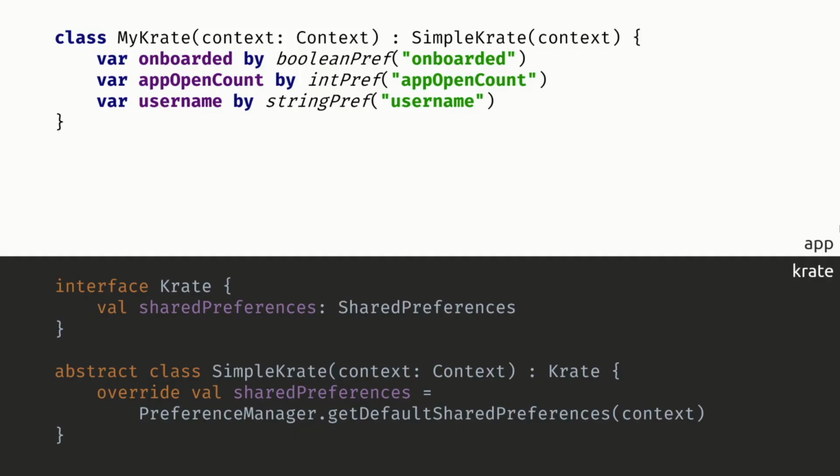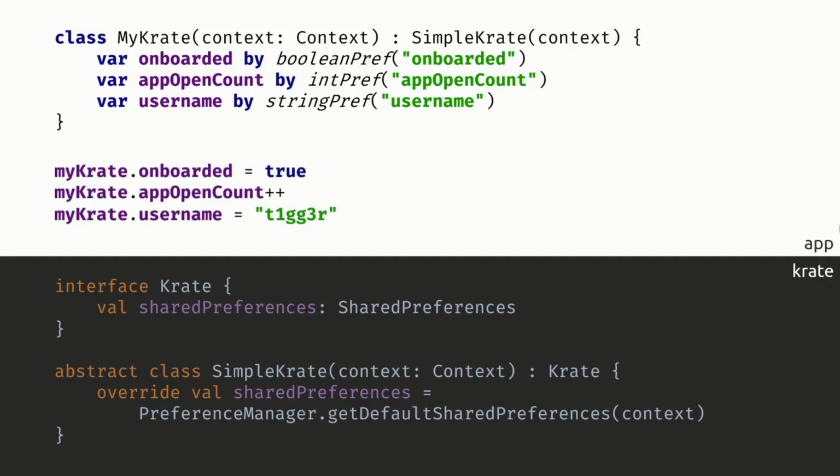And the magic of this really is that the syntax for accessing these properties stays the same as if they were real values in memory and not served by these delegates. So even though you are modifying values in shared preferences, all you would have to do is use the regular property access syntax, set a value to true, read the current value of a property, and so on.